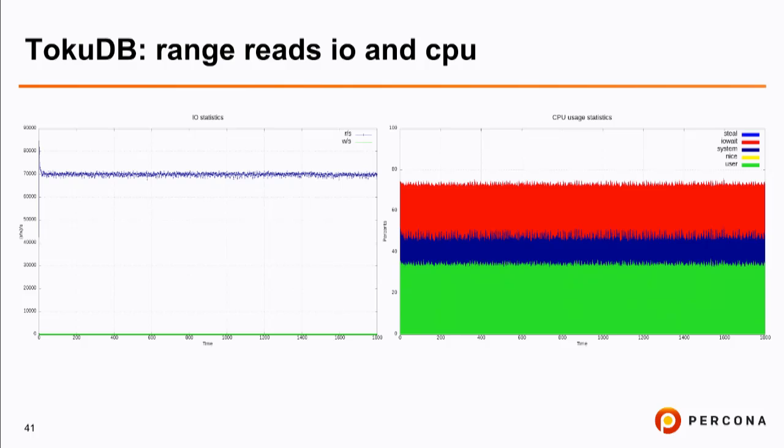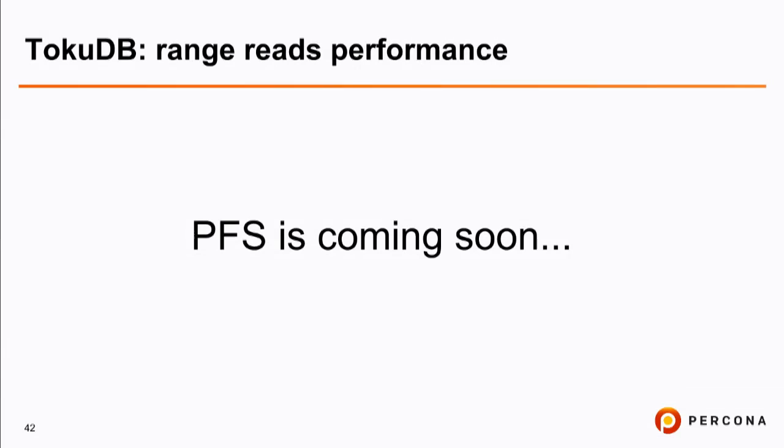So TokuDB spends more time in system space, and this is a good reason for us to use perf or performance schema and try to understand what's going on there. And by the way, performance schema is coming soon for TokuDB.